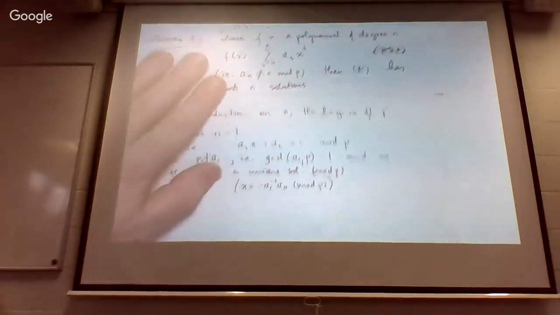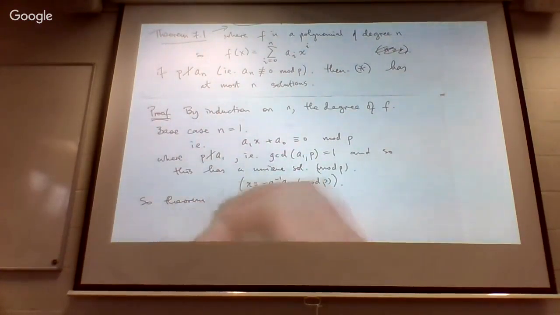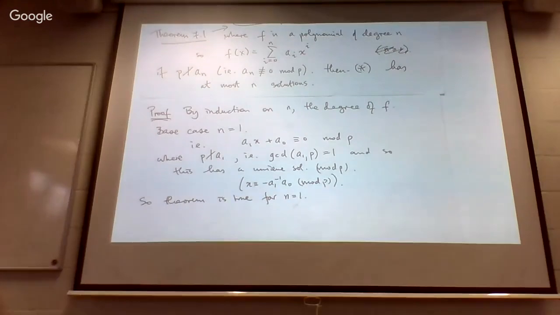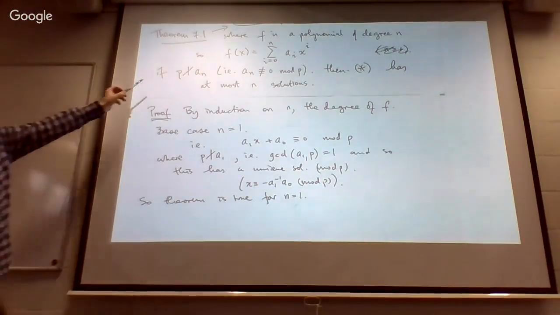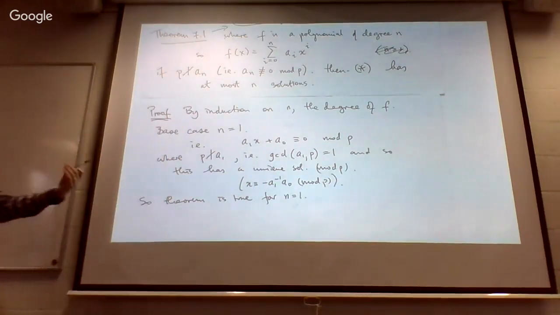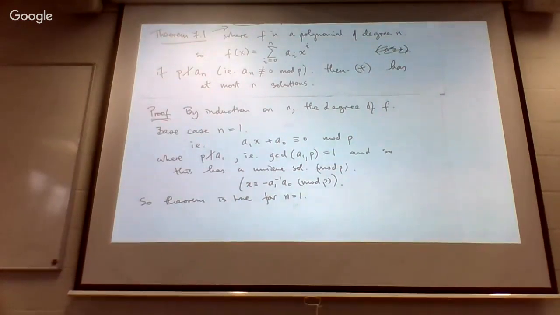So the theorem is true for n equals 1. Great. So our polynomial of degree 1, satisfying this non-divisibility condition on the leading coefficient, so it is genuinely of degree 1, has one solution. So that's the base case proved.